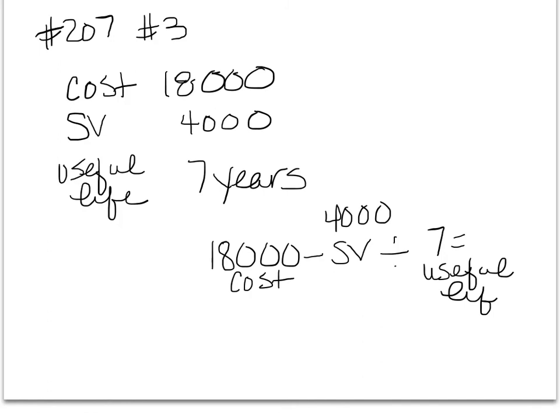So if we take 18,000 minus 4,000, divided by 7, that will give us $2,000 annual depreciation.